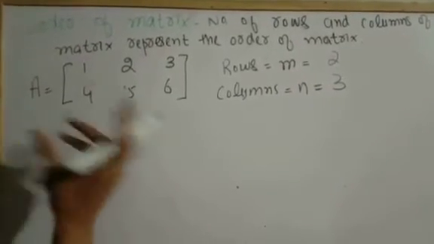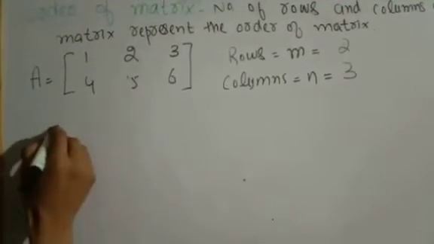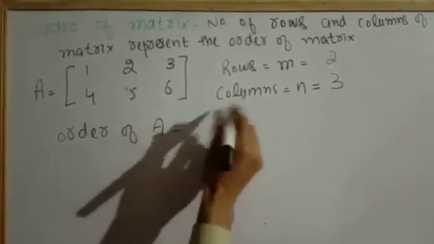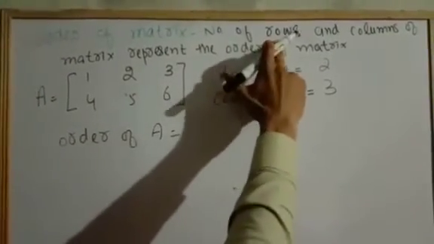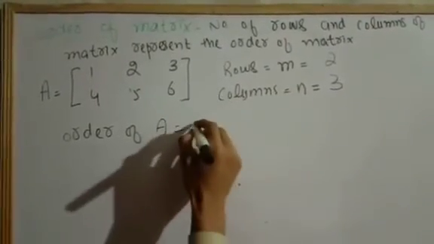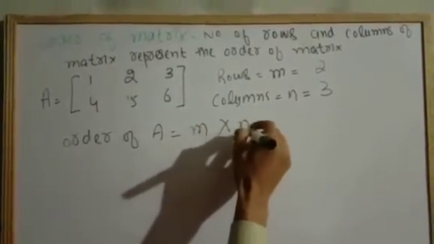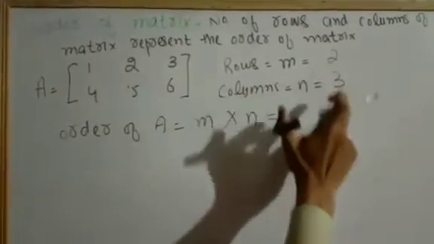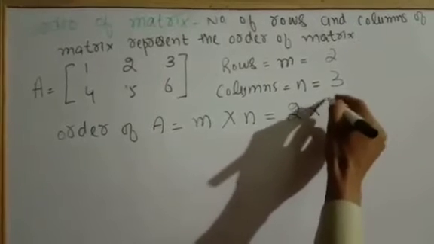So if we want to find the order of matrix A, order of A is equal to number of rows and columns. Number of rows represented by m and columns represented by n. So the order of the matrix is 2 by 3.